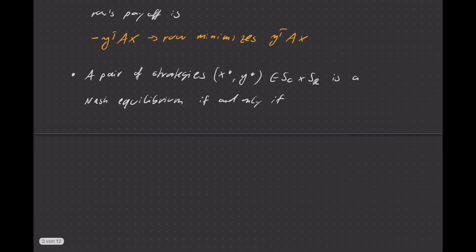So we have the outcome for x star, y star. That would be y star transposed times A times x star. And then we first need the fact that this is best possible for the column player. That means this is the maximum that a column player could get, given that row always plays y star.